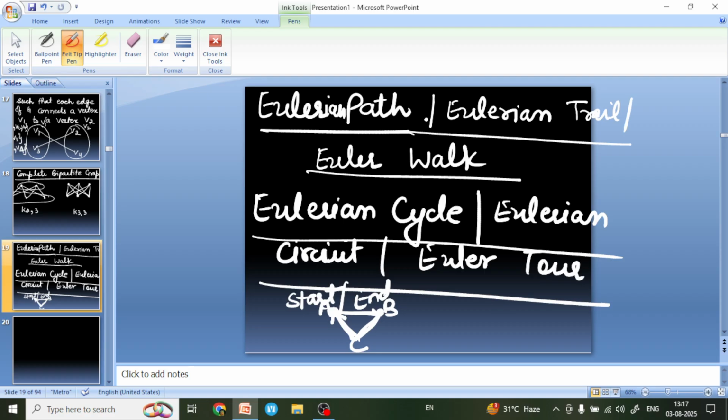And in a path you can say A to B and B to C, not C to A. This is known as Eulerian path.